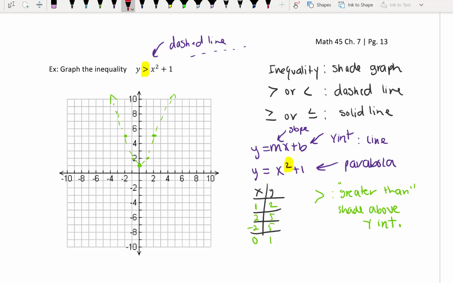So if this is my y-intercept up here, then I need to shade above it. So when I shade above it, then I'm on the inside of my parabola. And some people do some really good shading, but that's me shading, okay? So I know my shading is going to look something more or less like that.